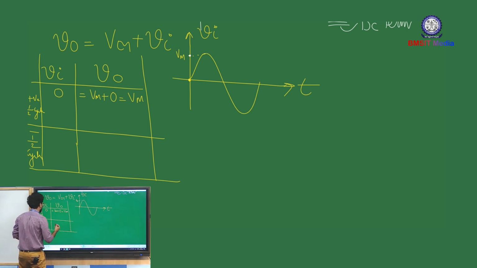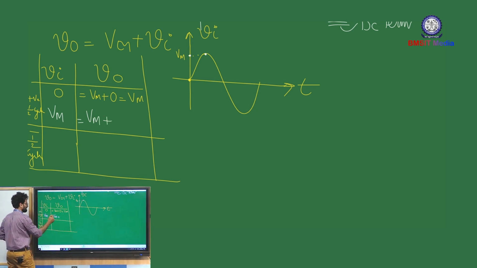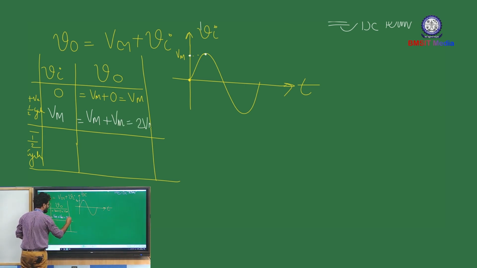In a similar manner, when your input attains plus Vm, what will be the value of the output? Your output attains Vm plus Vi, and Vi is Vm. So the total output voltage is 2 Vm.